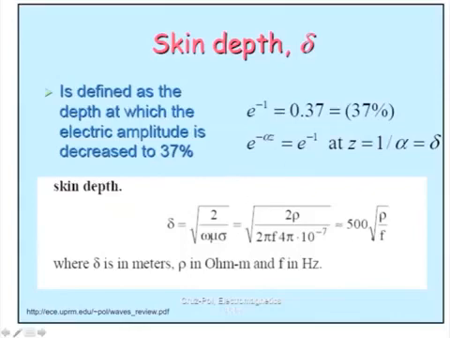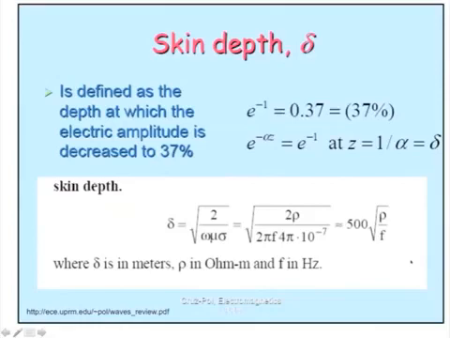There are 2 ways you can do that. The higher the resistivity, the larger the skin depth, so you can have a very resistive ground. Or if you're stuck with the ground you're stuck with, then what you want is a very low frequency. The higher the frequency is in the denominator, so the higher the frequency, the smaller the skin depth.